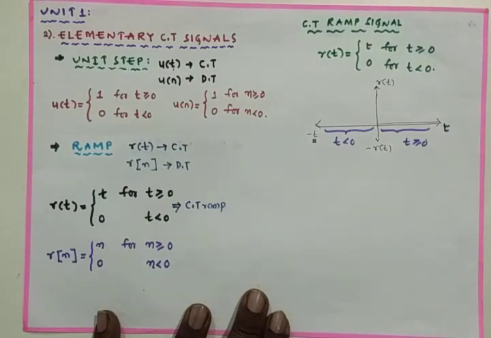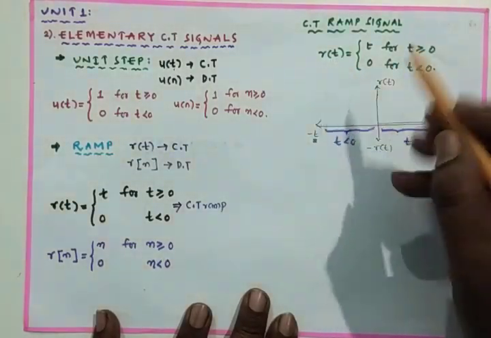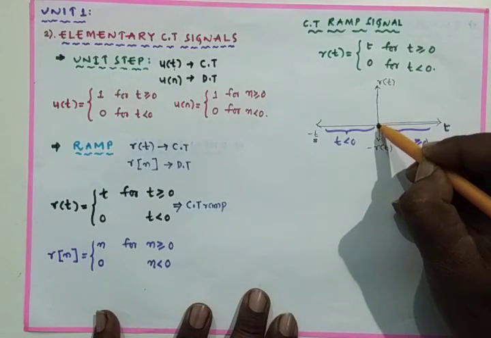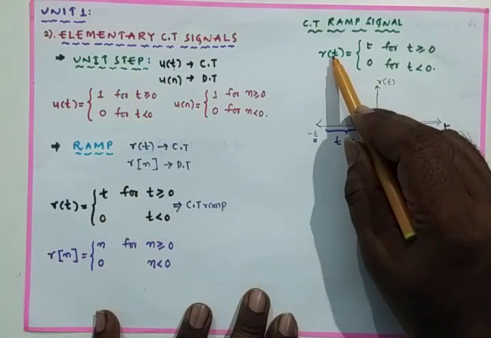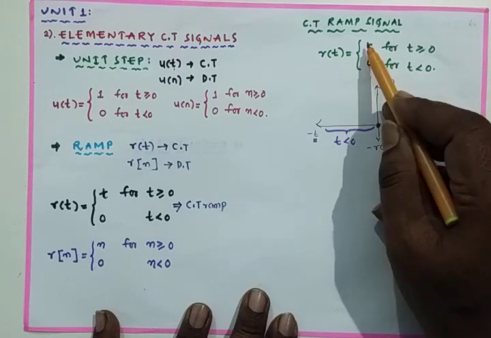For example, here t is equal to 0. If t is equal to 0, then r of 0 will also be 0, because we are simply replacing t by 0.